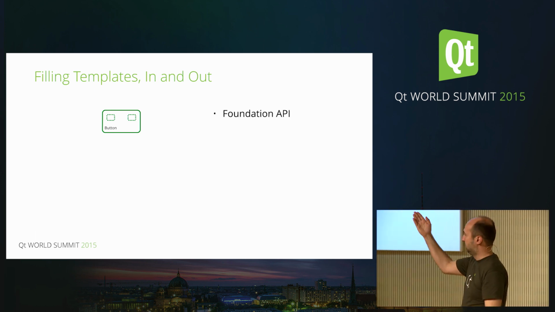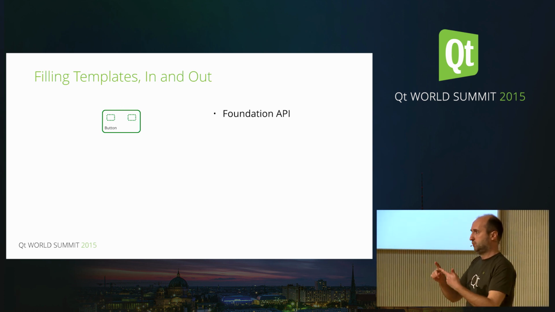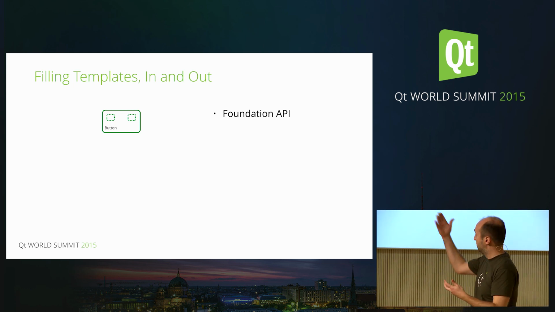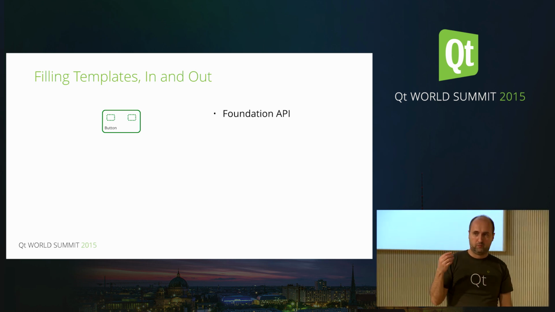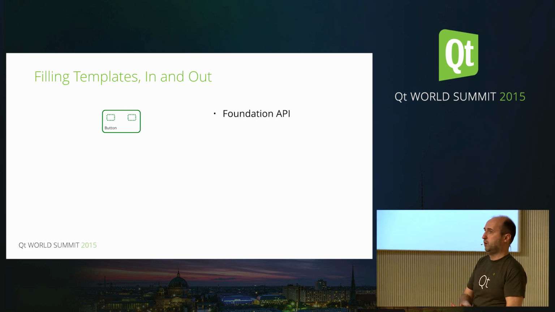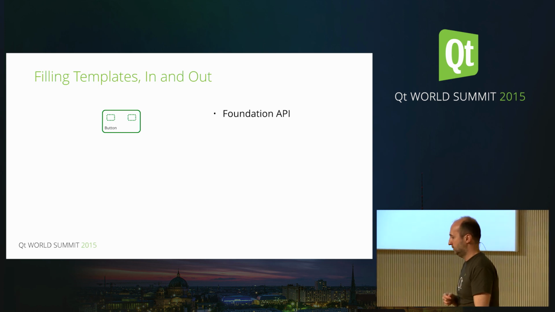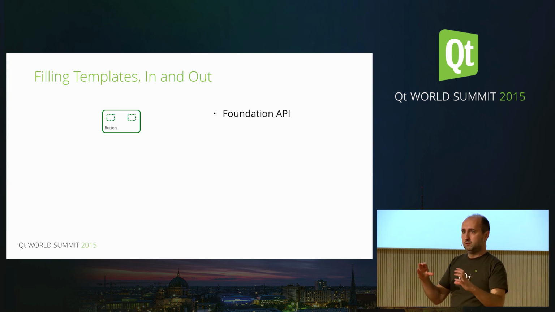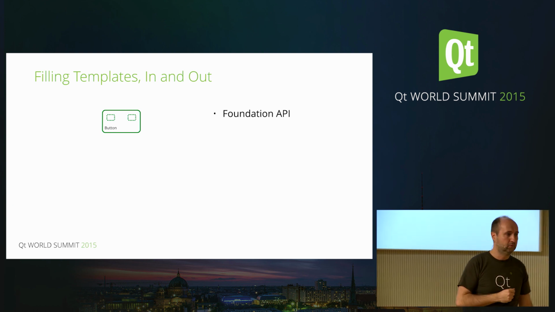The button, in this case, inherits also QQuickItem. So you have sizing, positioning, anchoring if you use that. Is that button visible? Is it enabled? But we also provide the button API. Is it pressed? Does it have a click signal that would be emitted at some point? Most buttons show some sort of text somewhere. So we also added, OK, let's add a text property so you don't have to.